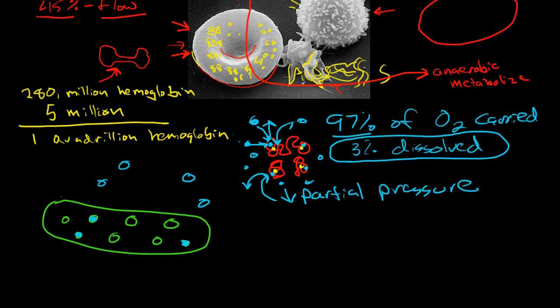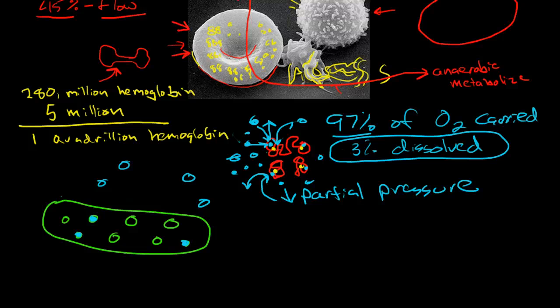And it really is dependent on the concentration of the oxygen around. The lower the oxygen concentration in the fluid around that hemoglobin, the fewer heme groups are going to be saturated at any given time, the fewer hemoglobin receptors.